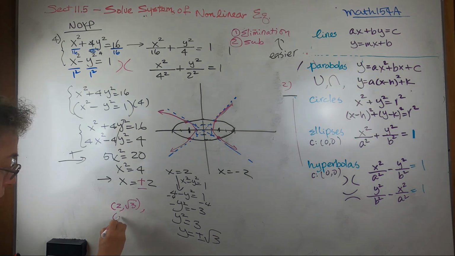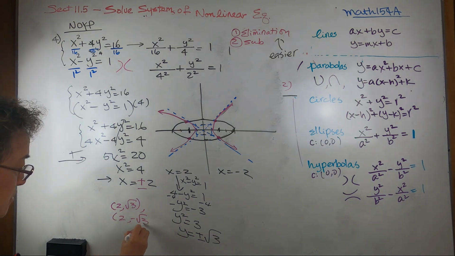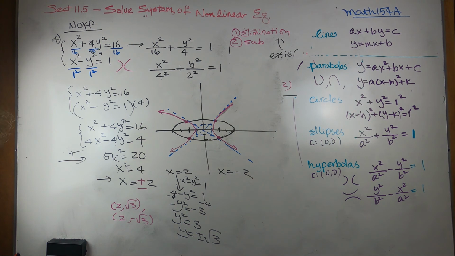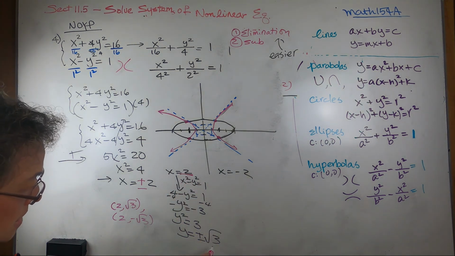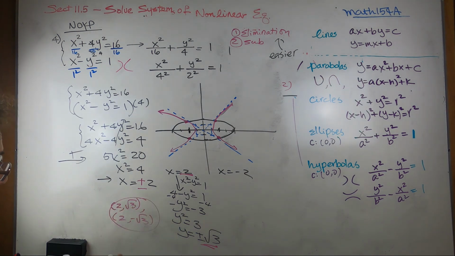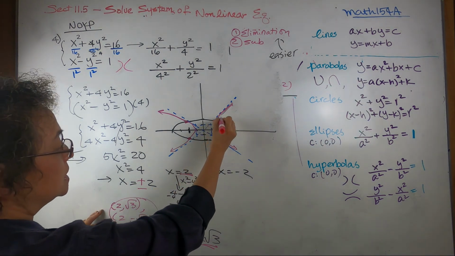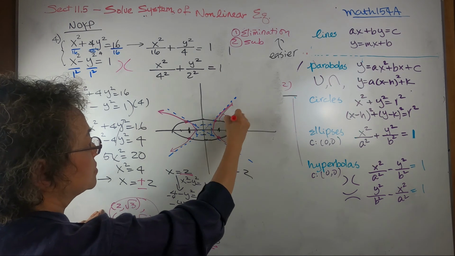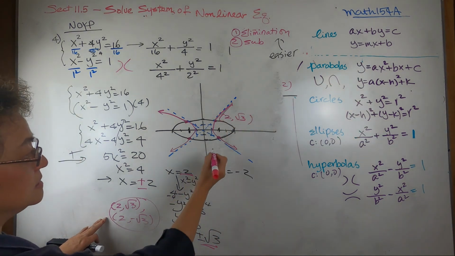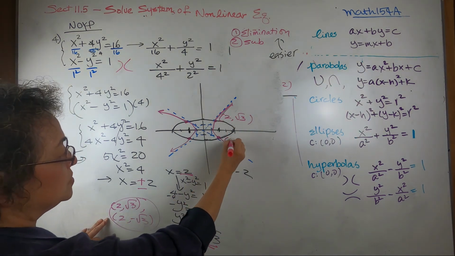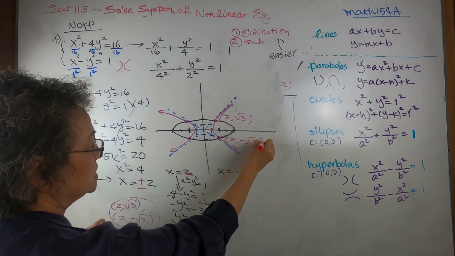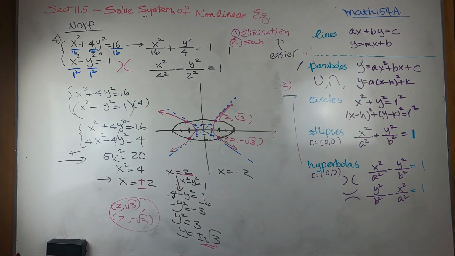Another one should be what? 2 and negative square root of 3. Is that right? 2 and positive and negative. Right? So square root of 3 is 1 point something. So 2 and square root of 3 is right here. Then this one will be 2 and negative square root of 3. Is that right?